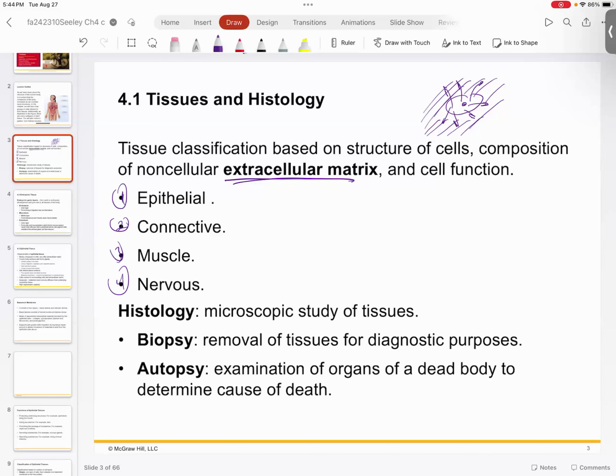Now, generally speaking, histologically, whenever you take, say, a biopsy, this is kind of what you were doing last time. When you were taking a look at tissue samples and studying them and trying to figure out what the different types of tissues are, that's histology, a microscopic study of the tissues. And generally speaking, you need a biopsy. All the samples you were looking at came from biopsies.